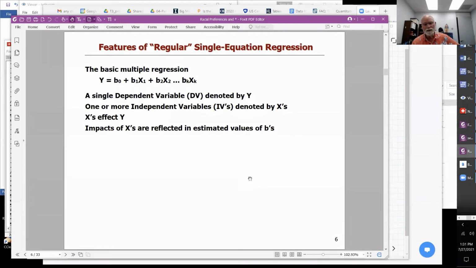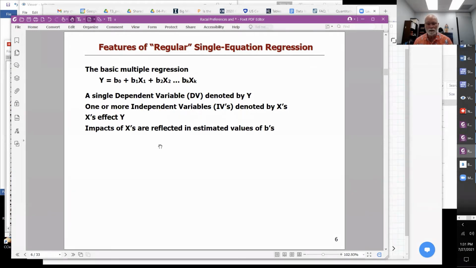It's all set up to estimate how y's vary across values of x's, which may be interpreted in terms of effect, maybe even as cause and effect. The formulation really doesn't make much sense if you're not willing to entertain that. And the effects are directly captured in the regression coefficients, the b's.